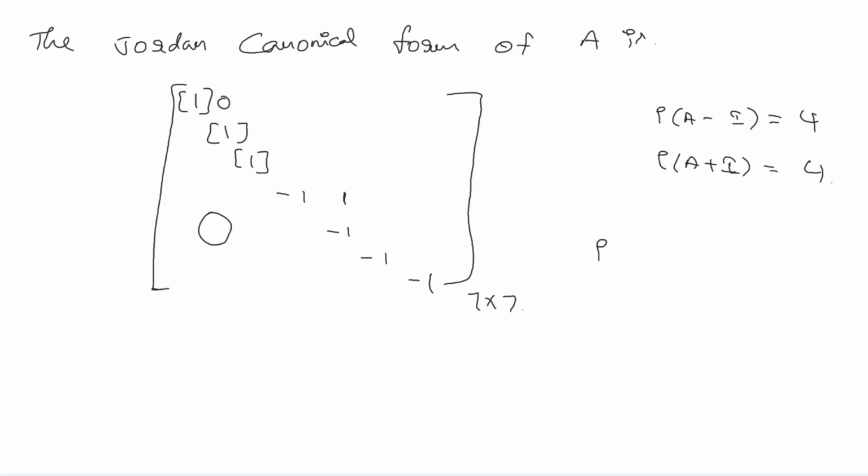Then we have rank of A plus I equal to, all these 4 entries become 0, and we get these 3 non-zero entries, and here one non-zero entry.